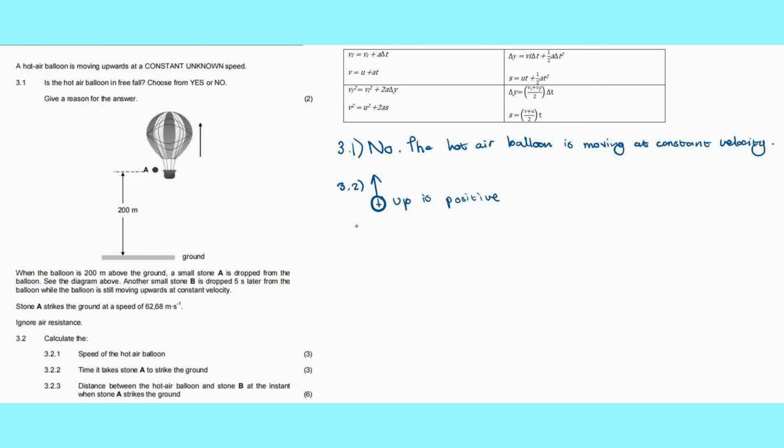We know the final velocity of stone A, which is the 62.68 meters per second. We know that its displacement above the ground is 200 meters. And we know that stone A is actually in free fall. So once it's dropped from the hot air balloon, it is now in free fall, so we will use this equation of motion here to find the initial velocity of stone A, and stone A's initial velocity will equal the velocity of the hot air balloon.